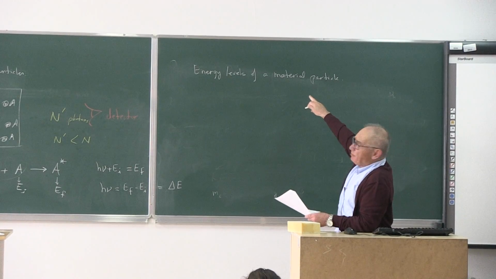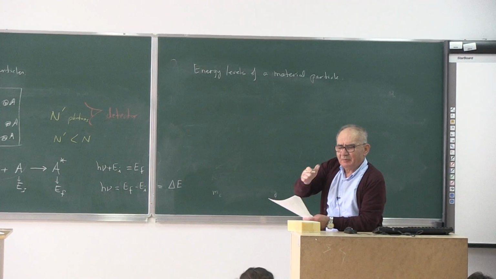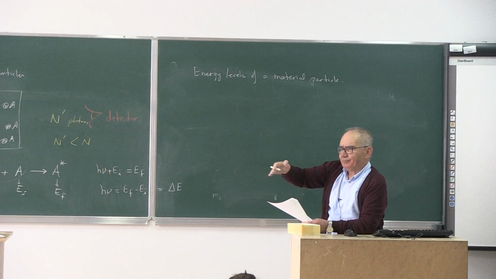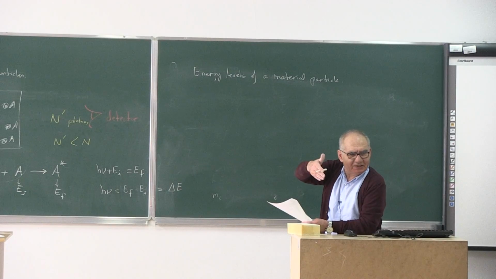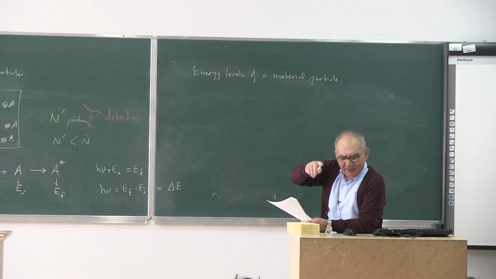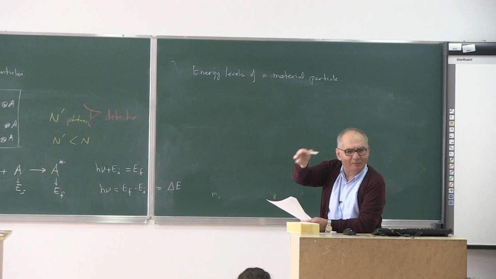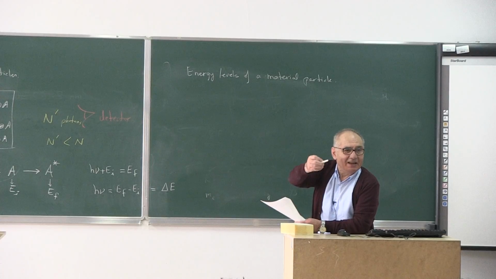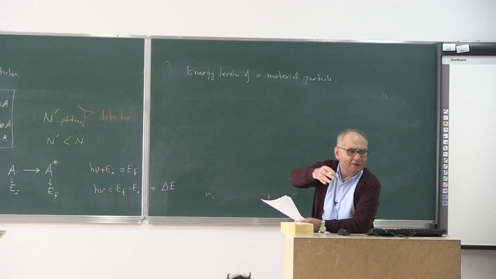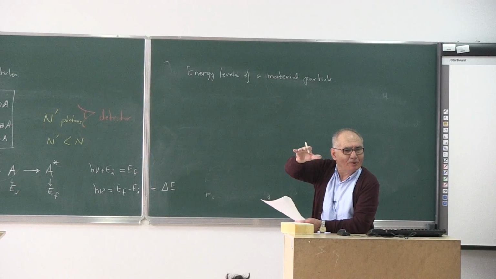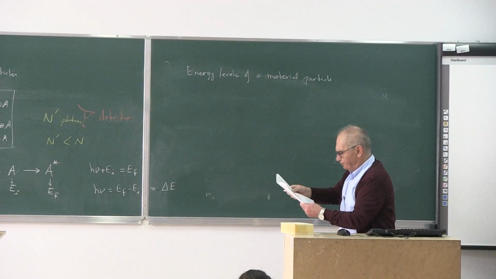I have used here material particle to make a difference from, for example, light. We just said light also has particle properties, right? By material particle, I mean normal particles, or the classical particles, all right? Electron, atom, neutron, proton, molecule, those are our particles.